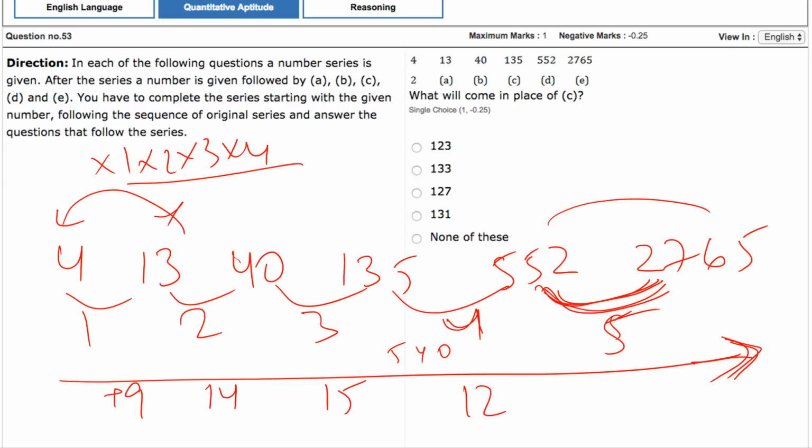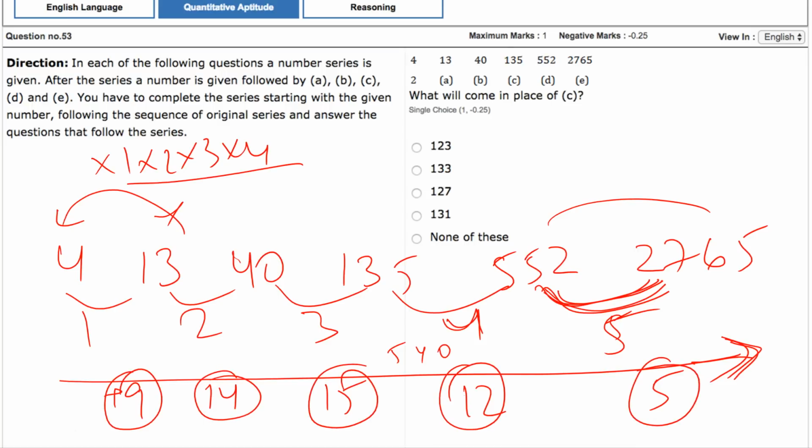This will give me 2760 plus 5. So I am really not able to make head or tail here. But does that really matter? Whatever it is, I clearly see that these numbers 9, 14, 15 have nothing to do with 4, 13 except for this 9, which is 13 minus 4. Nothing else really falls in line with these numbers. So let me just try my luck here with 2.